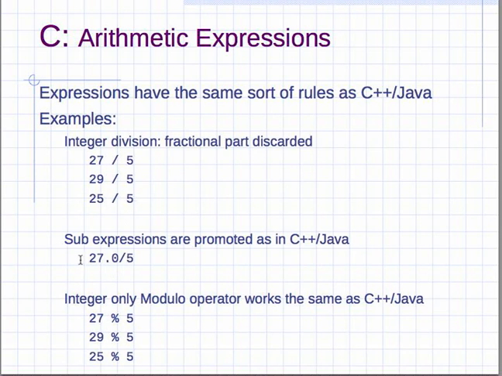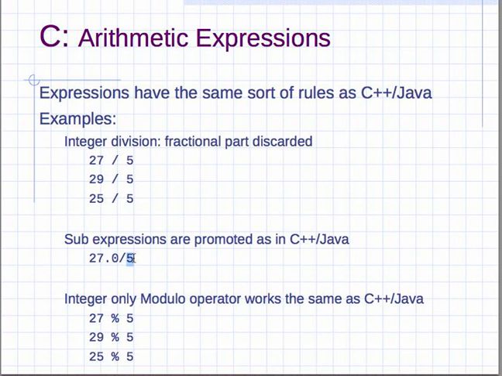If you have an expression that consists of mixed types, so for example 27.0 divided by 5, things are a little different. Sub-expressions are promoted just like in C++ and Java. So what will happen is, like in Java, this 5 will be promoted to a double precision number, 5.0. That's how we think about it.